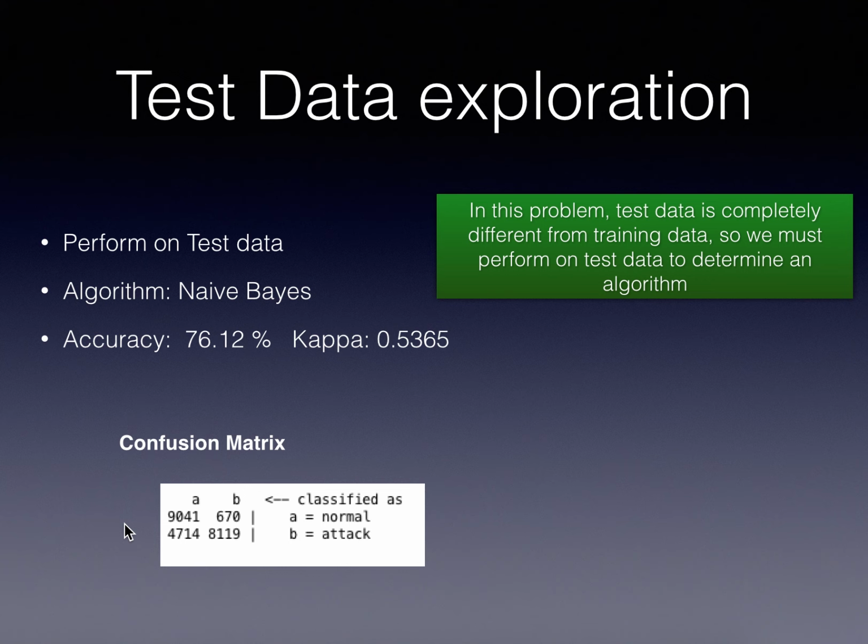The accuracy falls from 90% to 76%, and the kappa is only 0.5. Actually, with a kappa of 0.5, it is already a good, not very bad algorithm. And the confusion matrices can be seen here, and we have the same problem that many attacks are classified as normal.